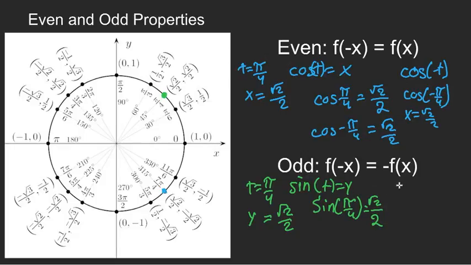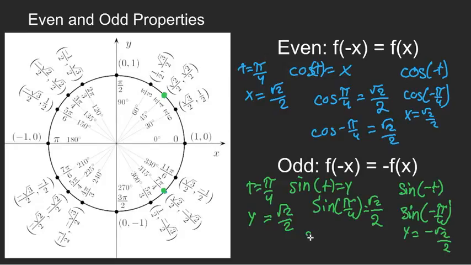Now let's look at sine of negative t, or sine of negative pi over 4. So at t equals negative pi over 4, which is right here, we can see that y equals negative root 2 over 2.